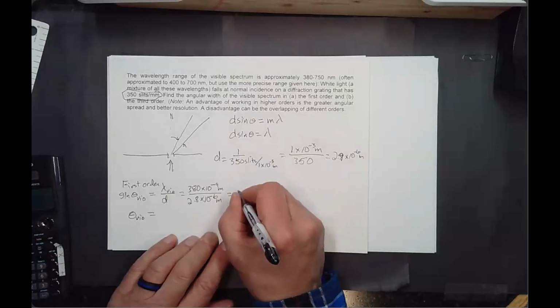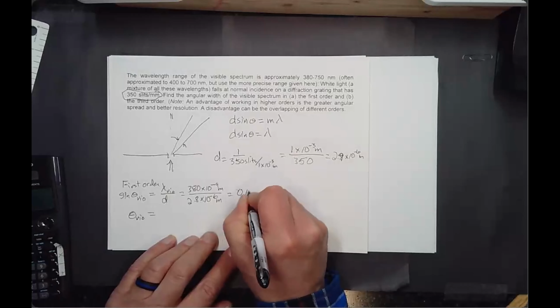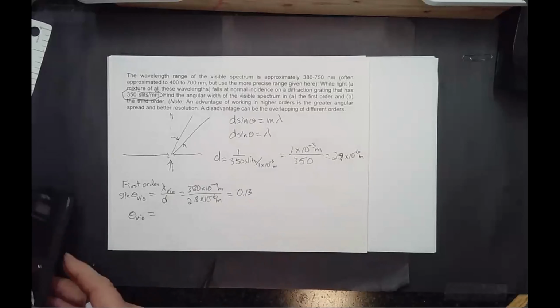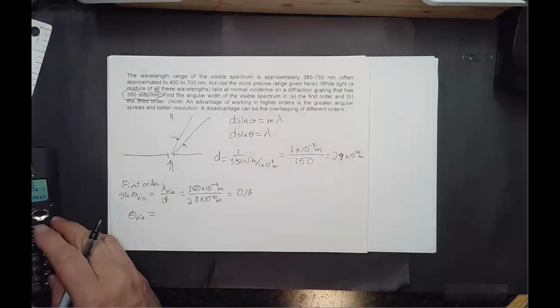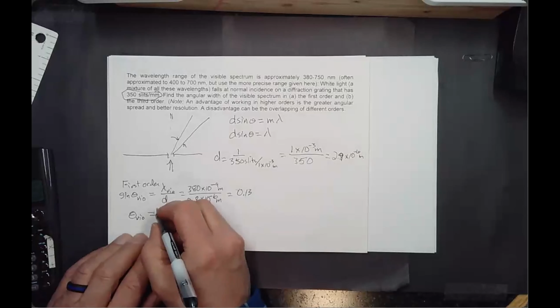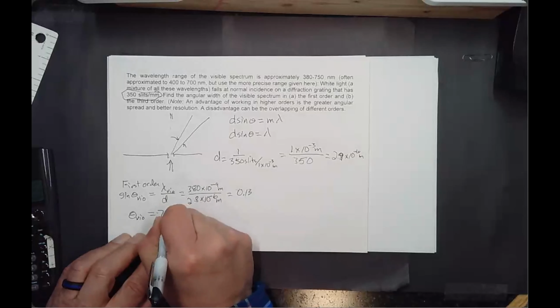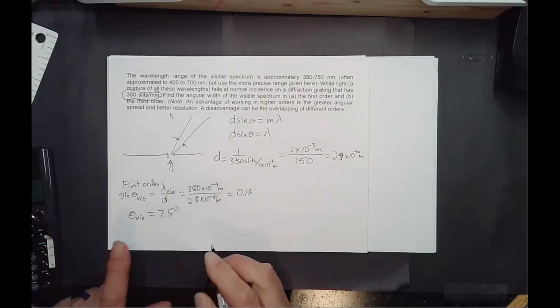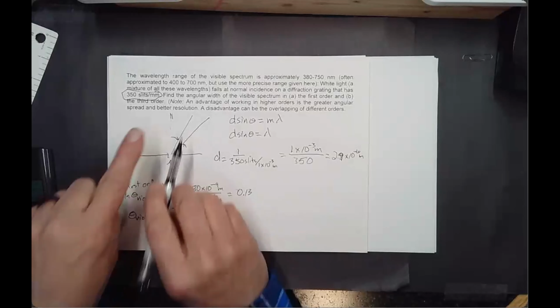Then I get about 0.13. So that angle will end up being about 7.5 degrees. So that's where the violet shows up.